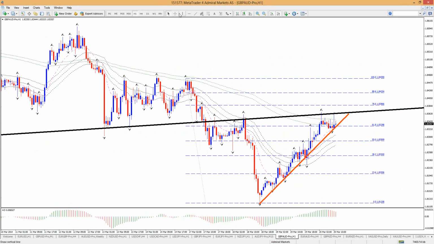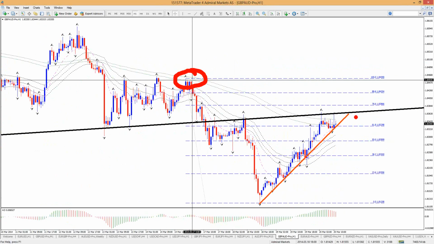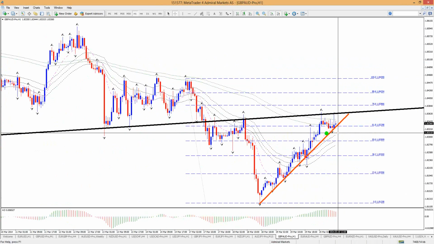But I will put the stop all the way here though, because, or you know what, if we wait for a break of this level, I'll put the stop loss above the 78.6. Even if it hits the 78.6 fib, I don't want to put the stop loss right at the 78.6. This is a pretty high fib, so maybe I'll do that.